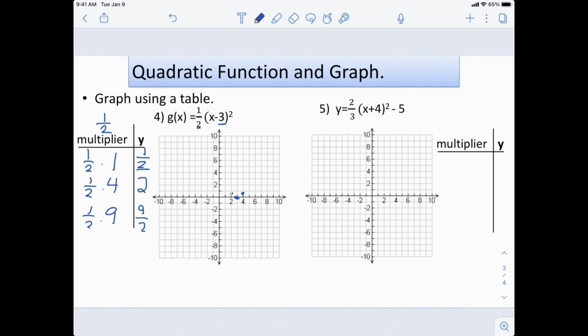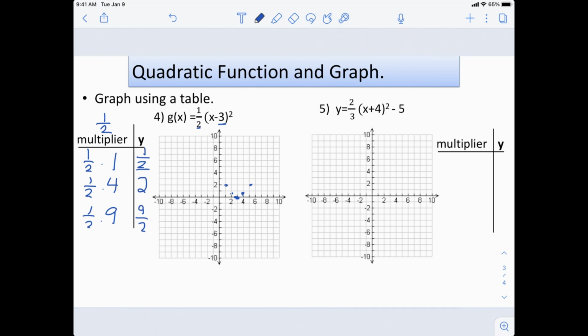So 2 now used to be 4, but we had to multiply it by half. So now it's half. Sorry. So it's half of 4, which is 2. And 2. Okay. So let's do this next one. So it is now 9 over 2, which is 4.5.